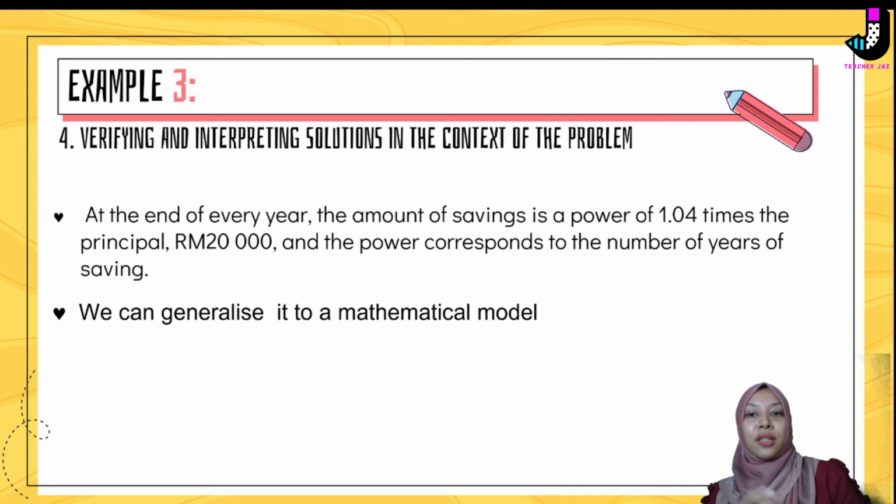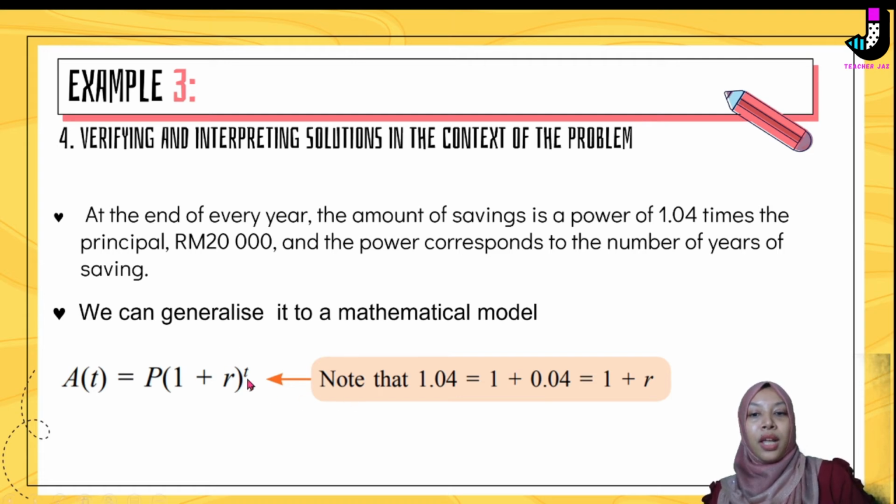So from the pattern that we get, the total amount of savings for T years equals P, the principal, in a bracket 1 plus R to the power of T years.